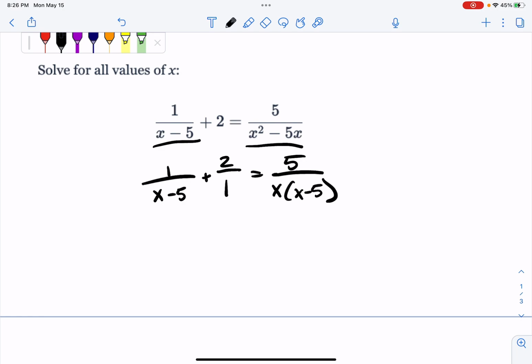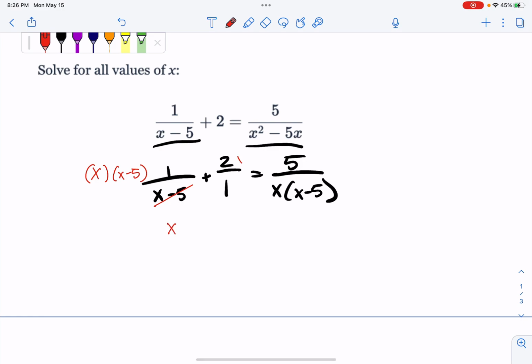Okay, so now I can see that I'm going to need to multiply by x and x minus 5 if I want to cancel out all the denominators. That'll cancel out this x minus 5 and leave me with just x times 1, so x.